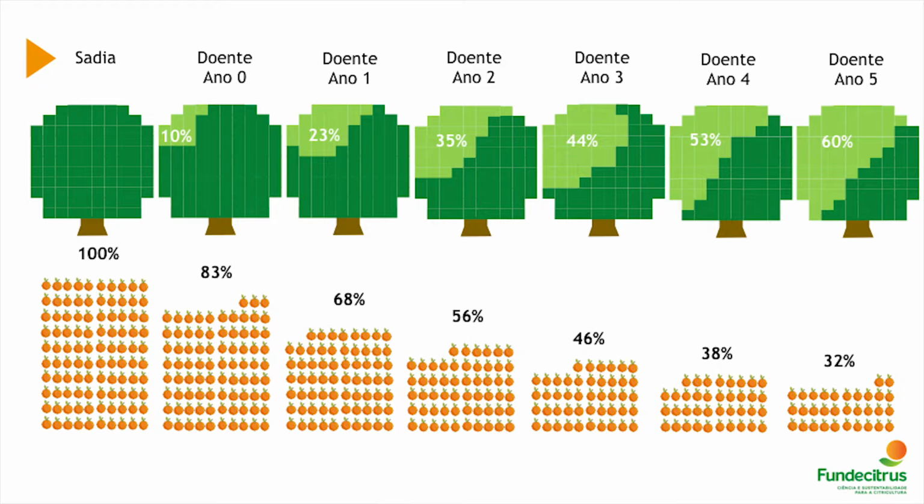That's what we observed. In general, we can come to this figure here that shows that a plant here is producing 100% of its capacity. It's a healthy plant. First year, we have a decrease of 17% of production. Second year, diseased plant, 35% production reduction. The third year, 44%, and then so on and so forth, 53% and 60% in the last year here assessed.